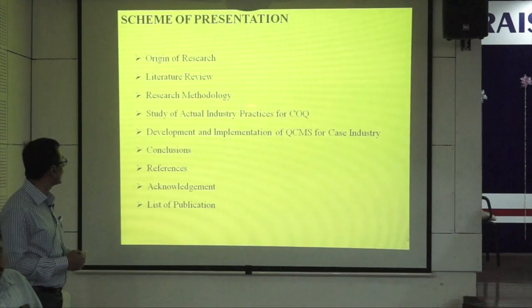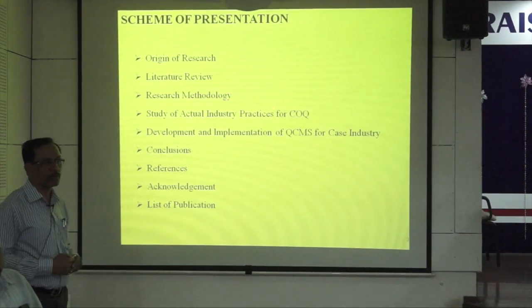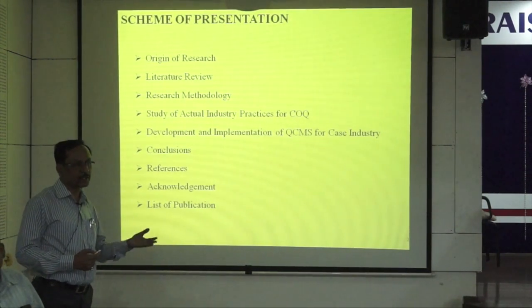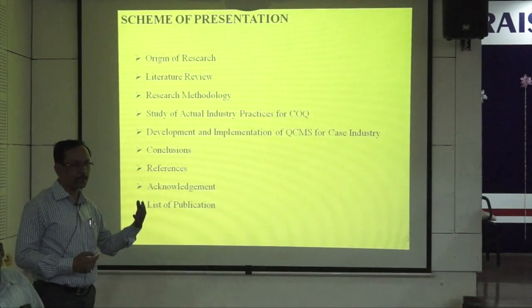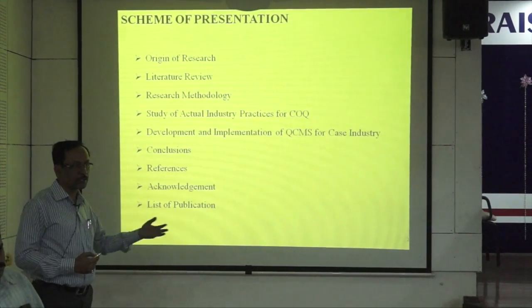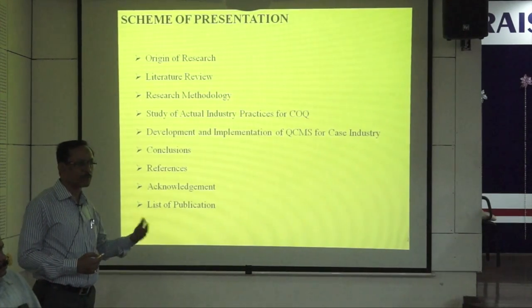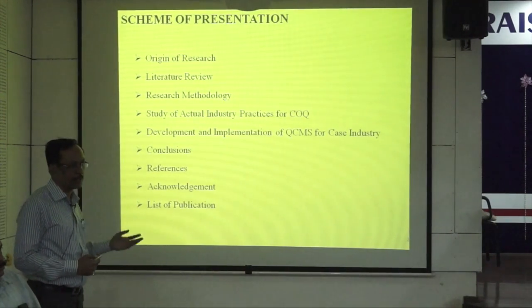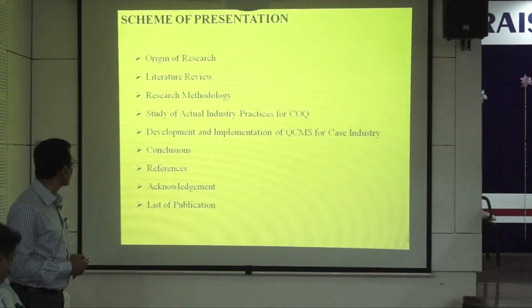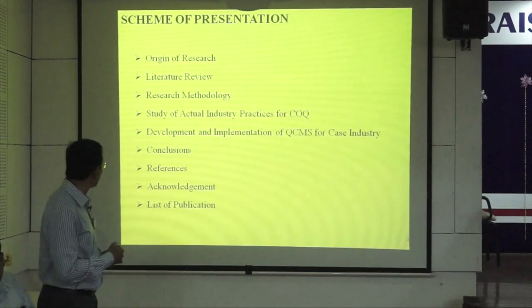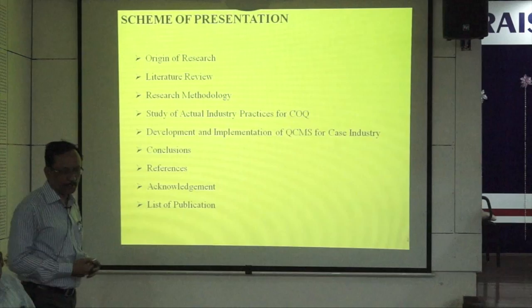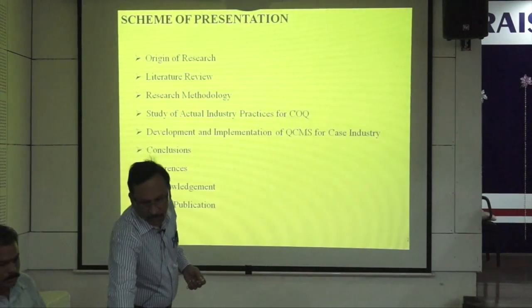But this is an additional step, parallel to the literature review. In literature, we study whatever is published, and here I thought I should go to the industry and try to get the existing practices there. That is the additional thing I want to highlight. Otherwise, the flow is as per the traditional lines.